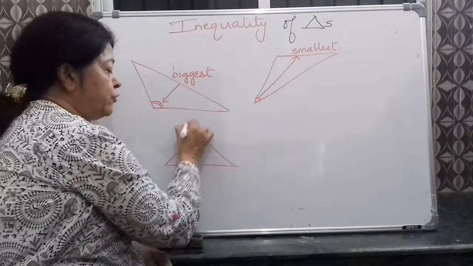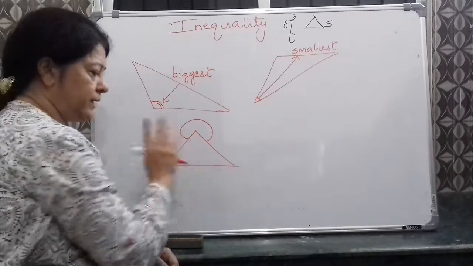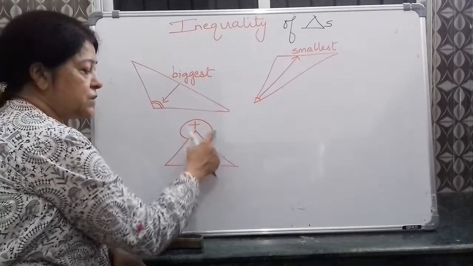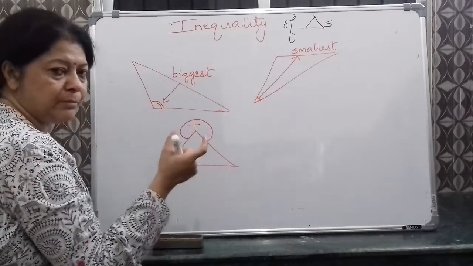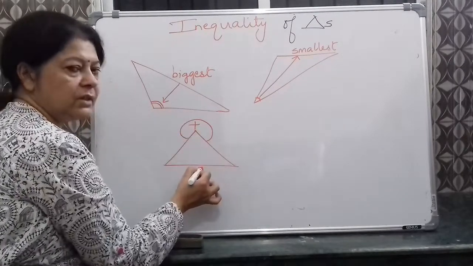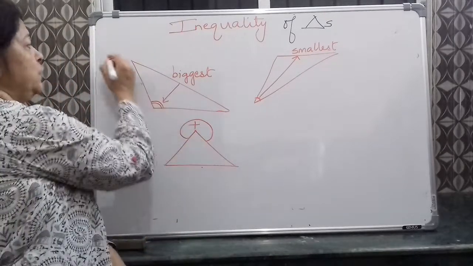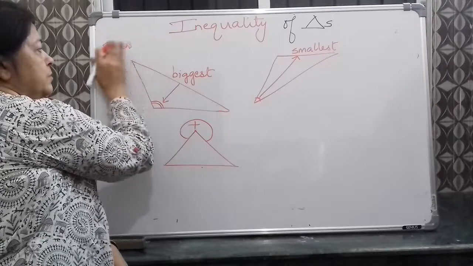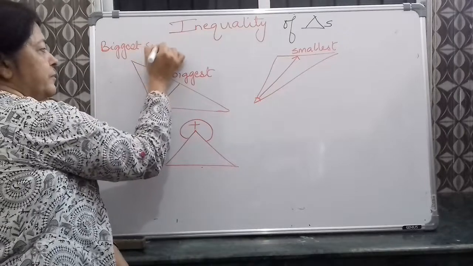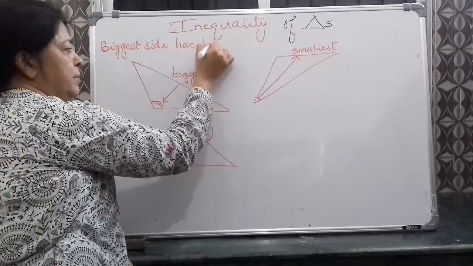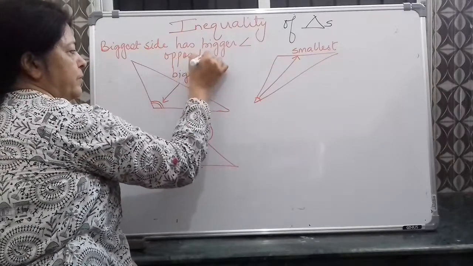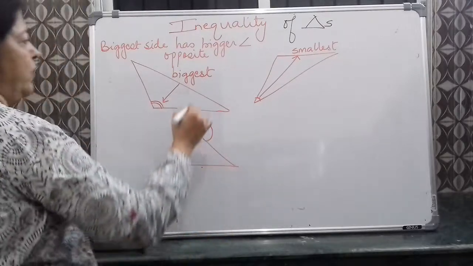So therefore, if you take any two sides of one triangle, you add them, it is always necessary कि these two addition sum that you get, the two sides addition sum that you get is always more than the third side. So here you can write the biggest side has bigger angle opposite to it, and vice versa.